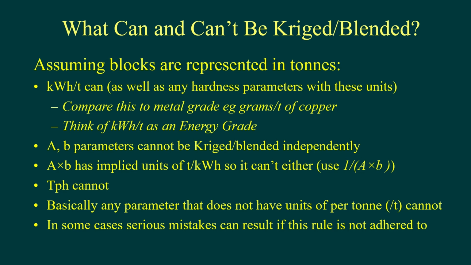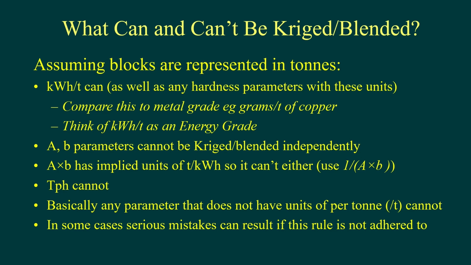But for the purposes of this exercise and illustrating the point I'm trying to make, let's say we're looking at equal tonnages for all our blocks. Then, for example, kilowatt hours per ton can be Kriged or blended, and any hardness parameter which has the units of kilowatt hours per ton is fine.